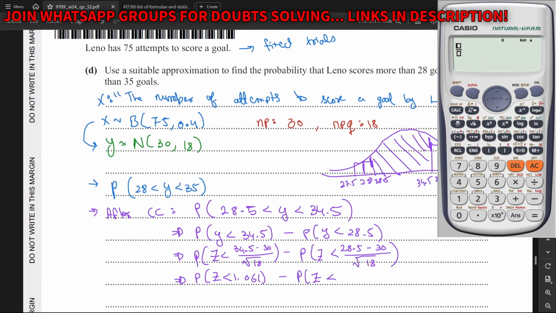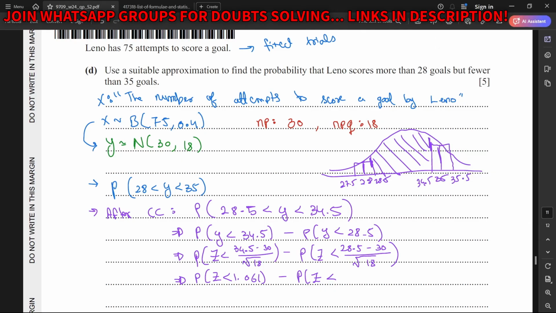But let's calculate 28.5 minus 30 divided by square root of 18. That gives us negative 0.3536.